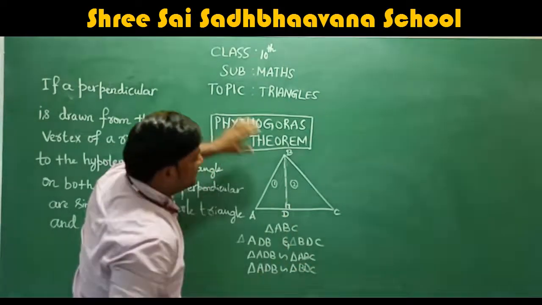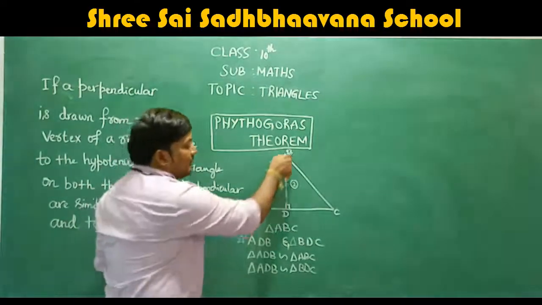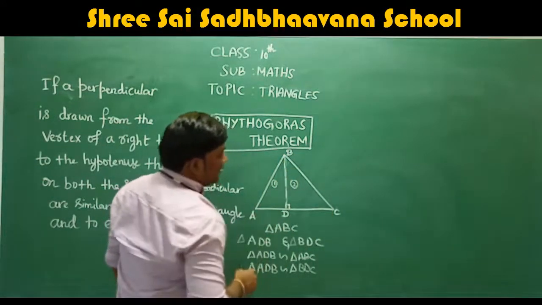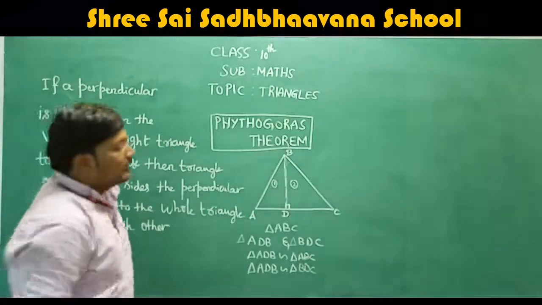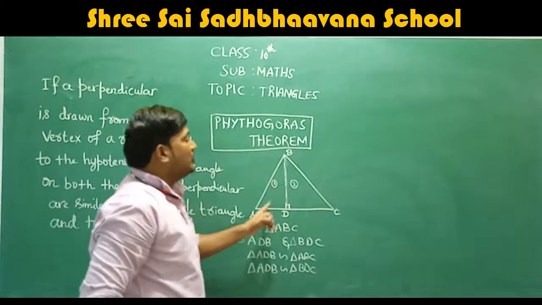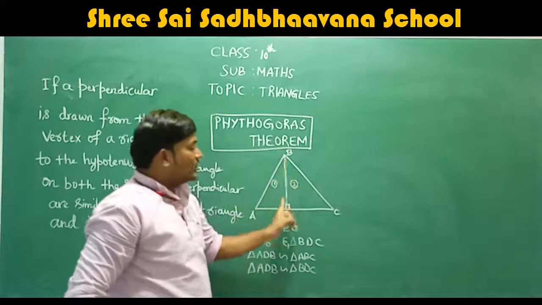It means each triangle formed is similar to the other triangle and also similar to ABC. The triangle ADB is similar to triangle ABC and also triangle BDC.